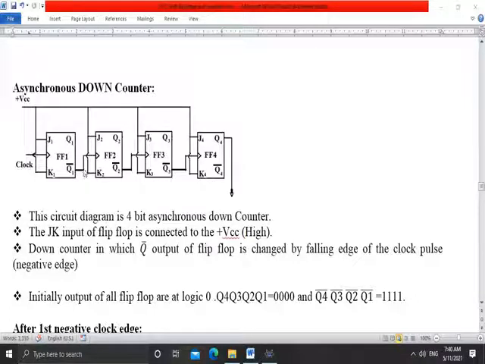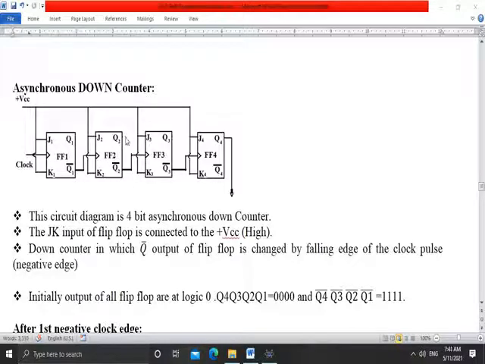So 1 to 0 is received by flip-flop 2. It is negative edge triggered, so it receives the clock and there is a change in flip-flop 2. Flip-flop 2 also toggles because it receives J and K as 1 1 and the clock.